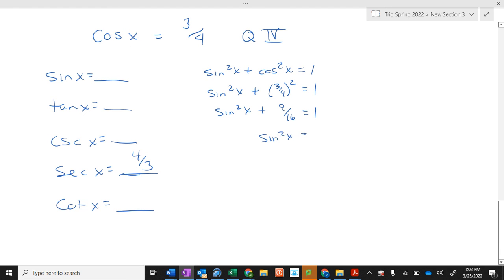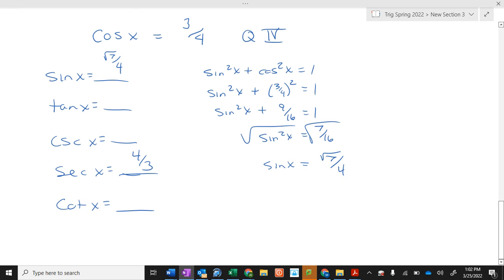Sine squared of x equals 7/16. Because 1 is 16/16. 16/16 minus 9/16 is 7/16. Then what do we do to get sine alone? Square root. What's the square root of 7? Square root of 7. What's the square root of 16? 4. So it's the square root of 7 over 4.